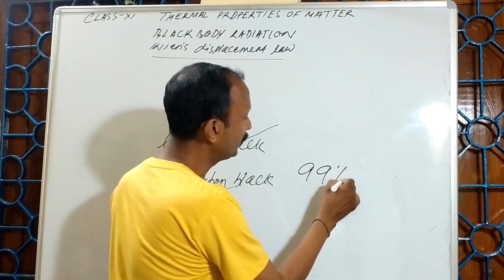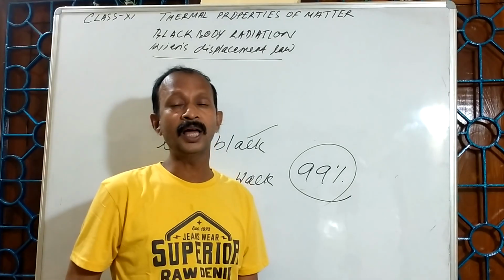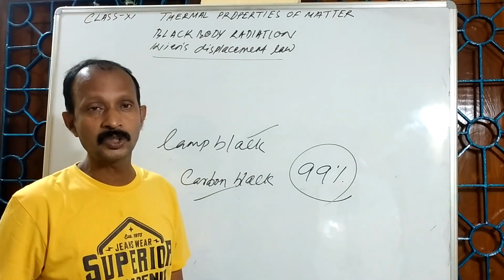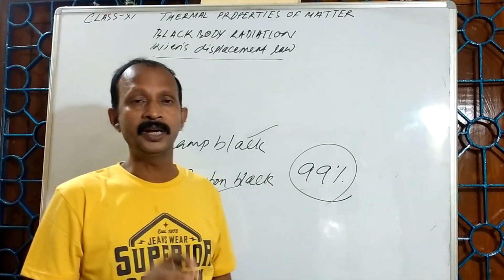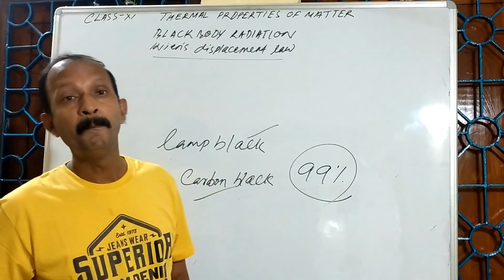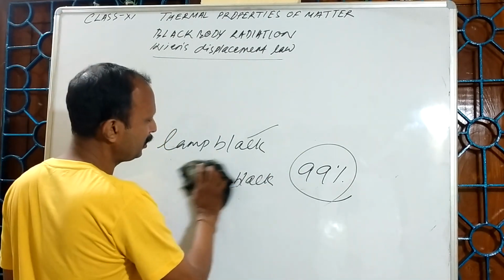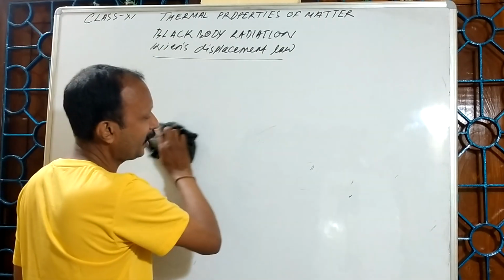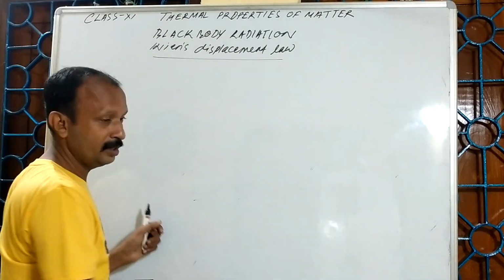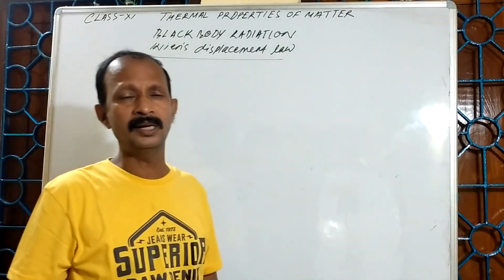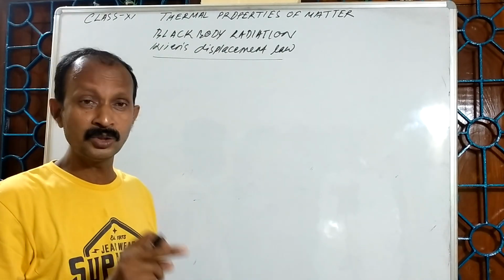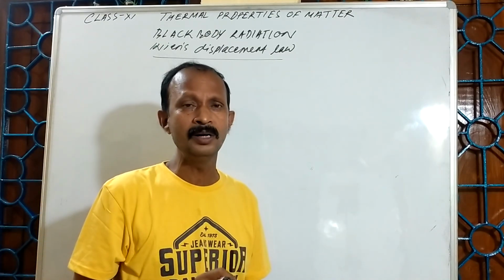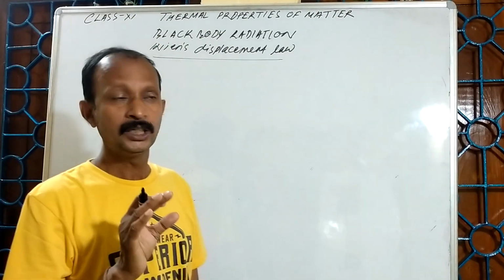You can say it can absorb more than 99% of the radiations. These types of objects are called black bodies. Our sun is also an example of a nearly black body. Why am I telling you the sun is nearly a black body? Because a black body is a substance which can absorb as well as emit the maximum amount of radiation.